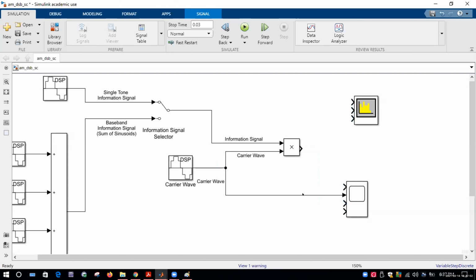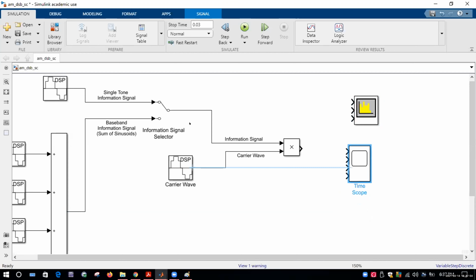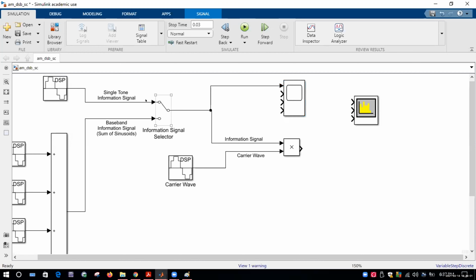Let me show you first this one, then we'll go back. See, I want to measure this signal here. I will connect the oscilloscope to this one. Okay, this is the information signal, right? I'm measuring it here on the scope.